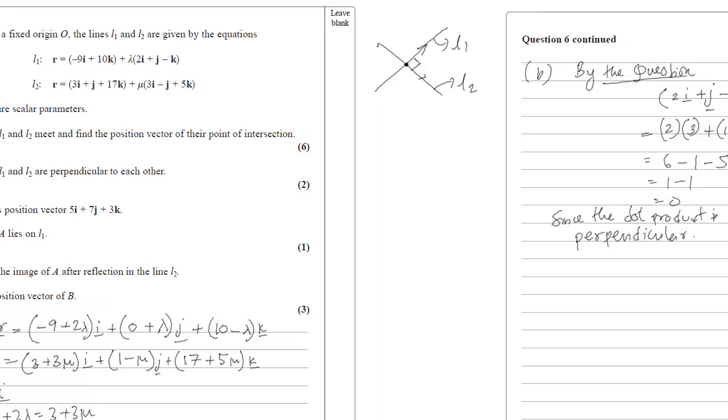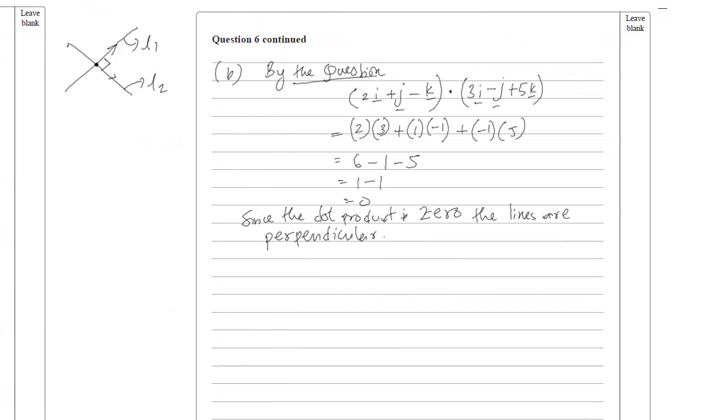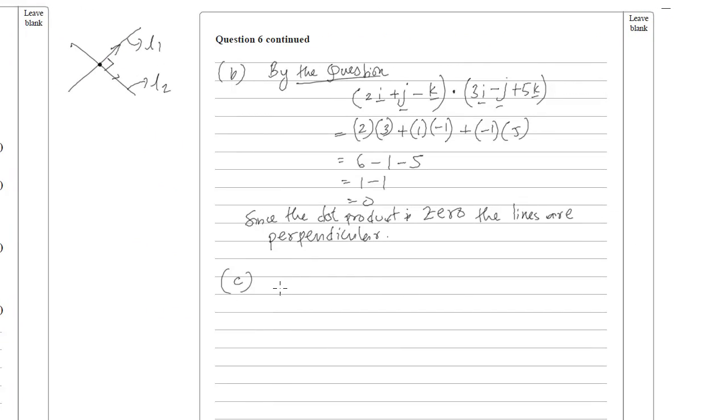So let's write L1 all over again. For question number C, let's write L1 all over again as the position vector of a point. So this is going to be minus 9 plus 2 lambda i, then 0 plus lambda j, and 10 minus lambda k, and the position vector of A is OA, which is given as 5i plus 7j plus 3k.